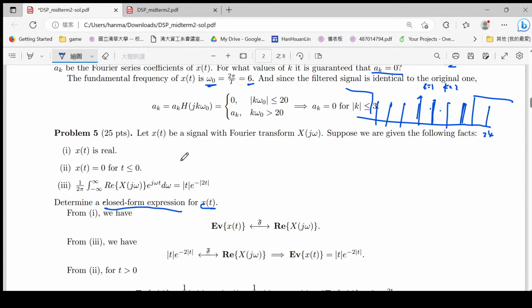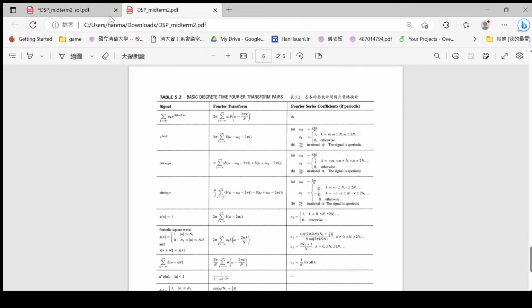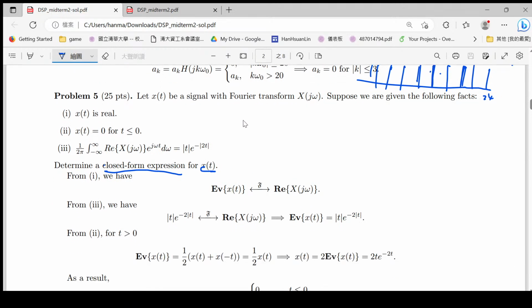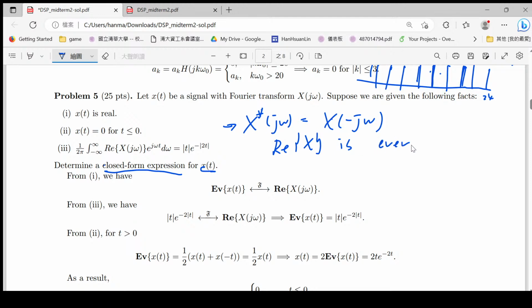I believe this is probably not in the property table, but for x of t real, we will have, maybe write this, X of j omega equal to X of minus j omega conjugate, right? And if you look at this, you will see that the real part of big X is even, and the imaginary part of big X is odd. Okay? And this is what we use.